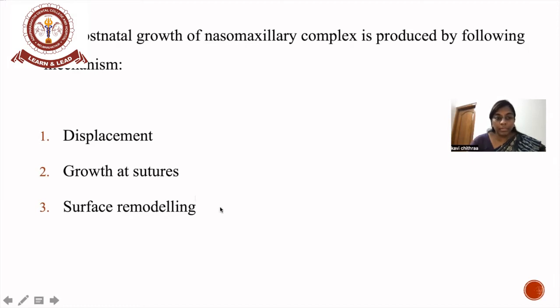Displacement, as the name suggests, is the movement of the bone as a whole because of deposition and resorption. Growth at the sutures: they consider the suture as the growth center, where it causes increase in size of the maxilla.